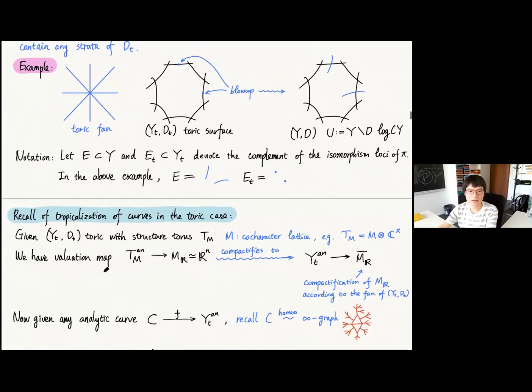Now we are recalling how to tropicalize curves in toric varieties. Given any analytic curve C mapping into our toric variety, recall that any analytic curve is homeomorphic to some infinite graph. If it's a rational curve, then it's homeomorphic to some infinite tree.